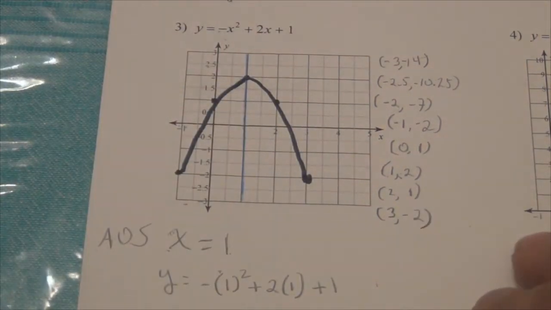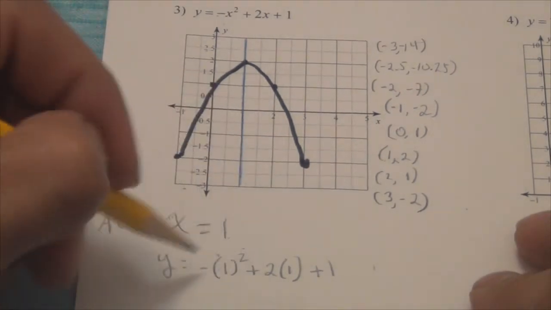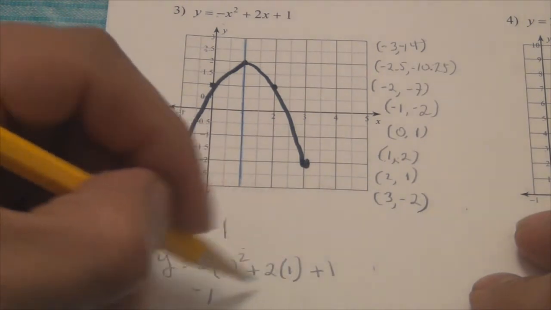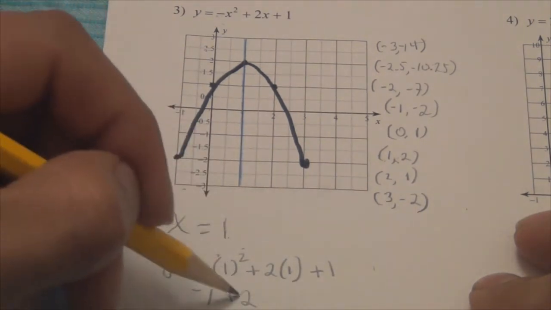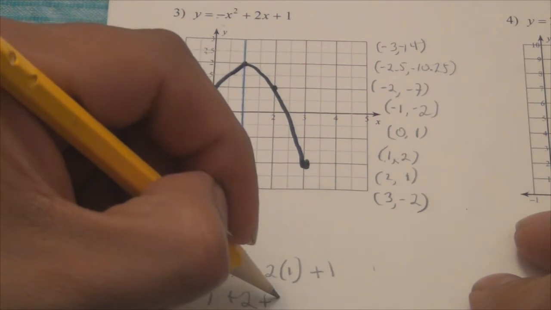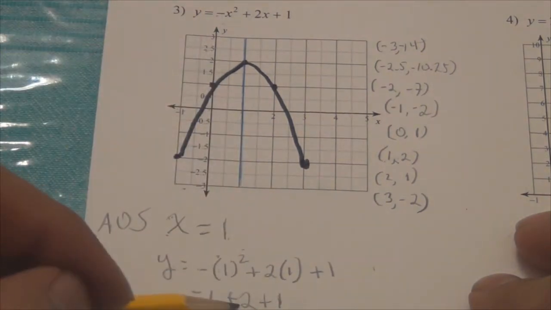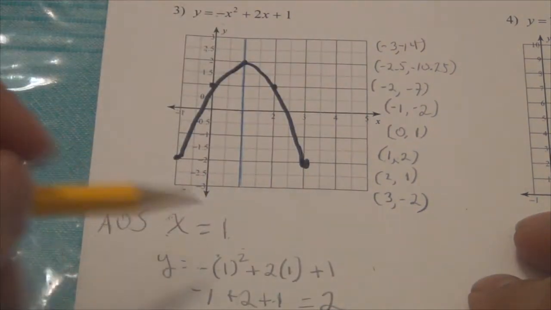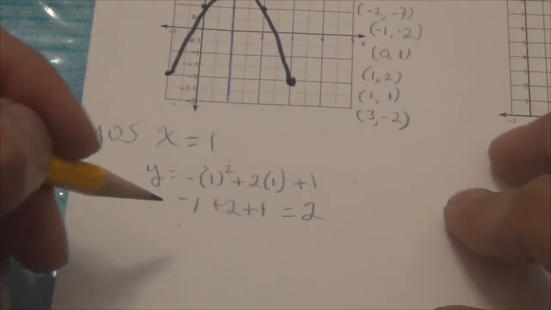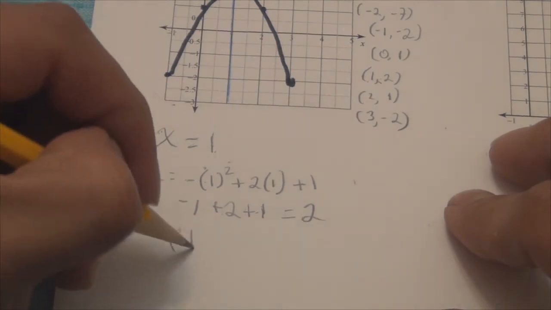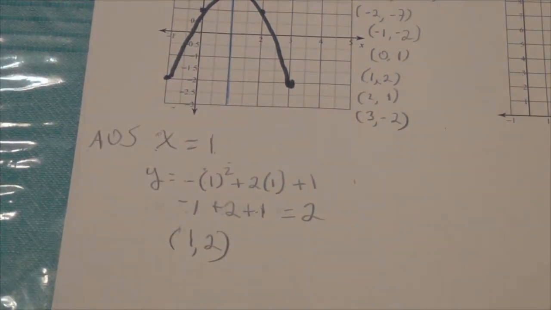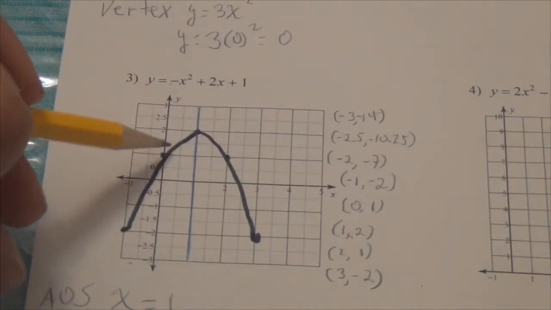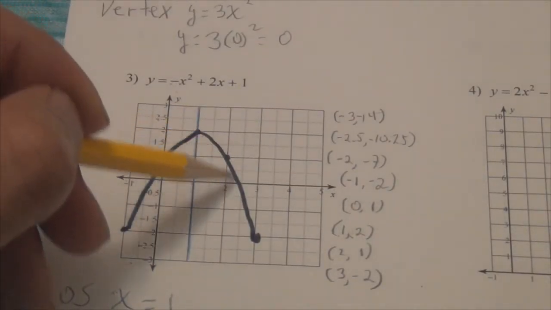So 1 squared is 1, but times negative 1. Plus 2 times 1 is 2. Plus 1. Okay. Negative 1 plus 2 is 1. Plus 1, 2. So the y value when x is 1 is 2, making our vertex 1, comma 2. That's how you find the vertex. The turning point. Vertex is the turning point. You say stop and then go back to the y values.